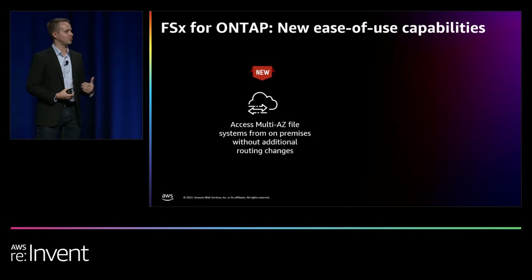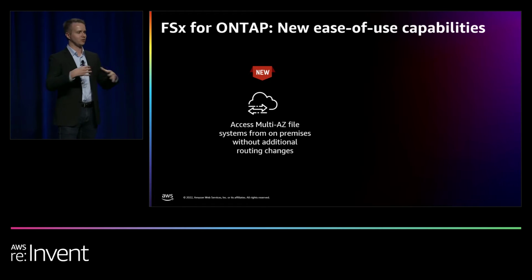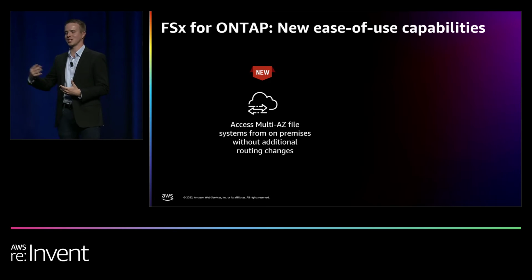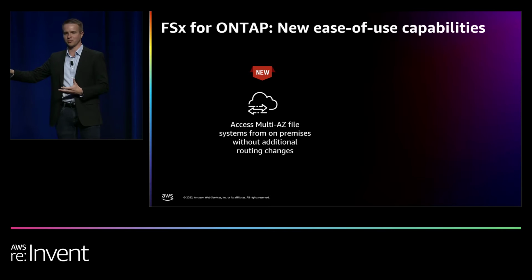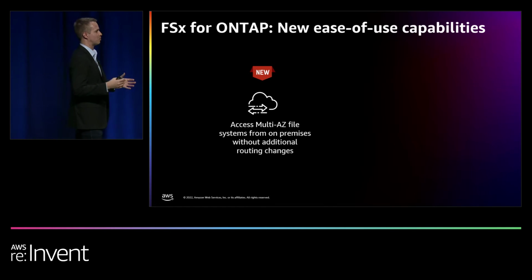Starting today, we've launched a new capability where when you create a Multi-AZ file system, you can actually choose to have all of your endpoints for your file system live within your VPC's IP space. For those of you who've used the service, you'll recognize how useful this capability is in that what it allows you to do is continue using your existing routes, your existing firewall rules, and access all of your data from on-prem without needing to do any custom setup, any custom configuration.